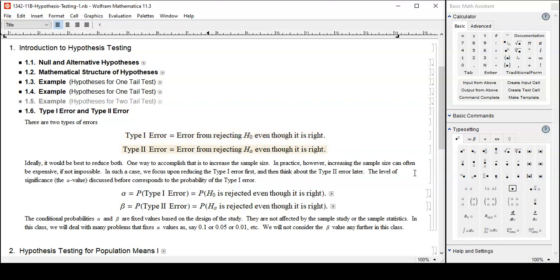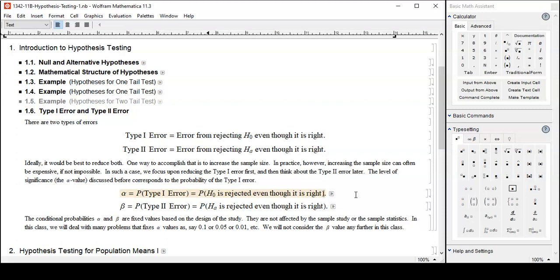Now, ideally, I'd like to minimize both of the probabilities. But in reality, that's a very difficult thing to do, often impossible. So we have to prioritize accordingly, and we prioritize type 1 error first.